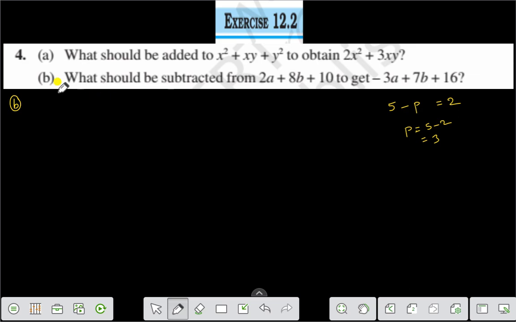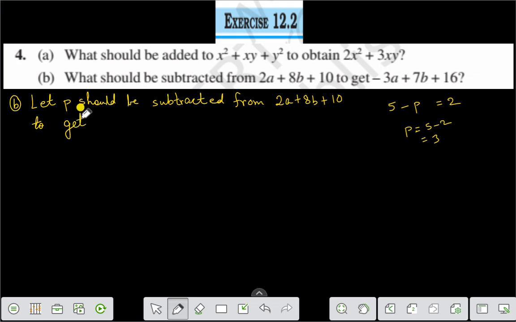In the same way you can find that let p should be subtracted from 2a plus 8b plus 10 to get minus 3a plus 7b plus 16.